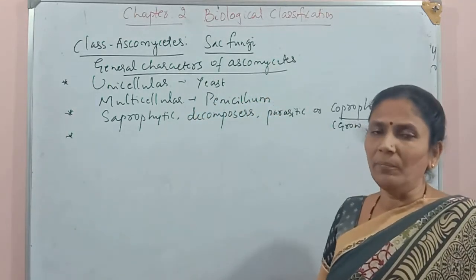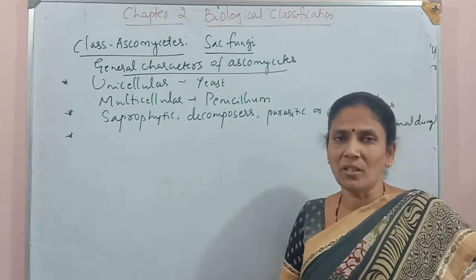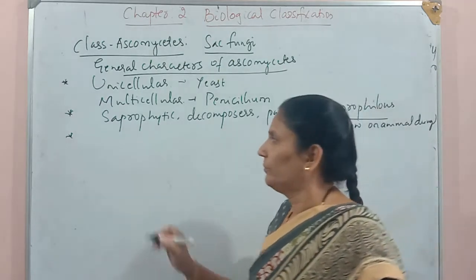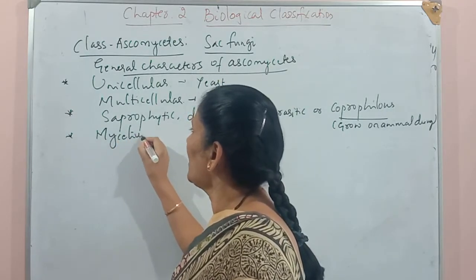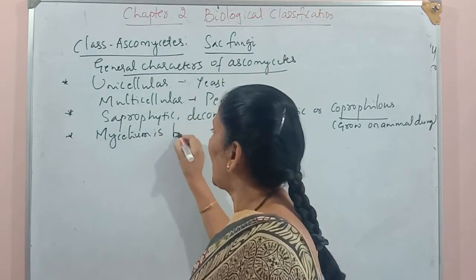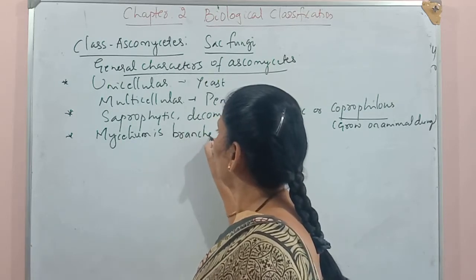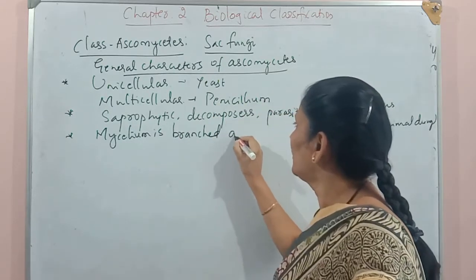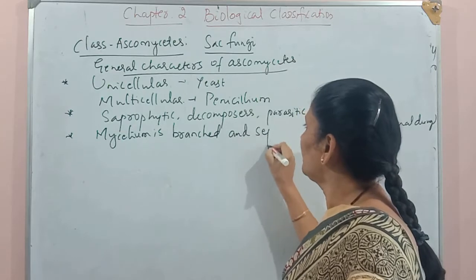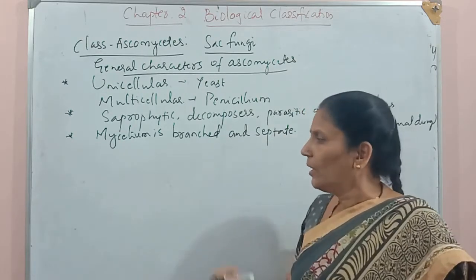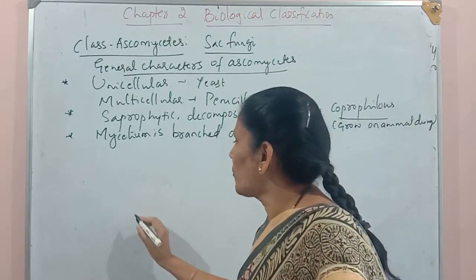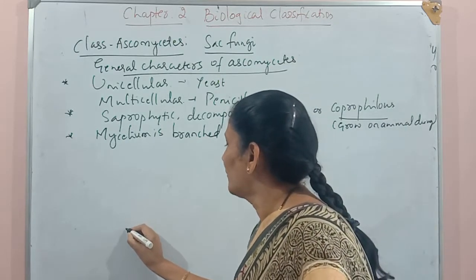The mycelium is branched and septate. Let us draw the vegetative structure of Ascomycetes.